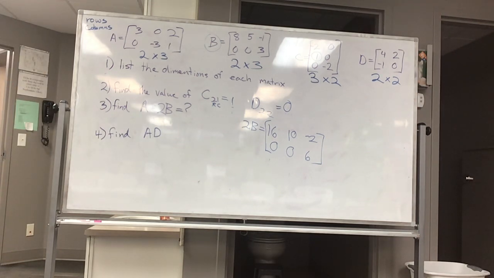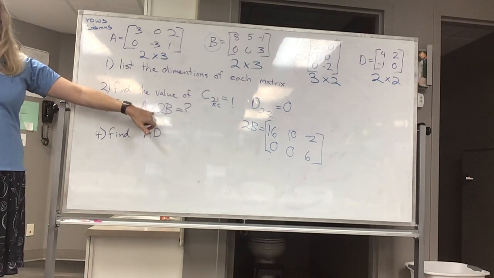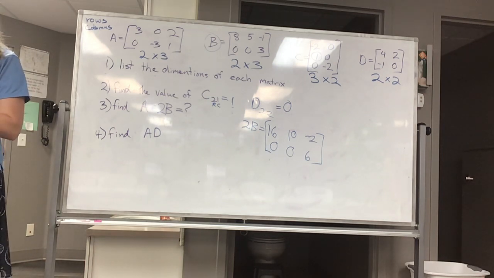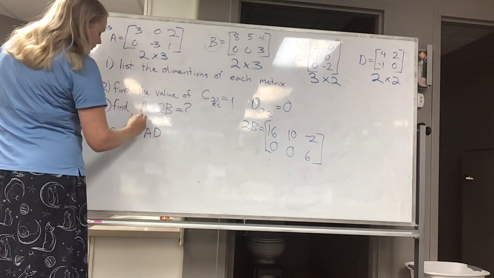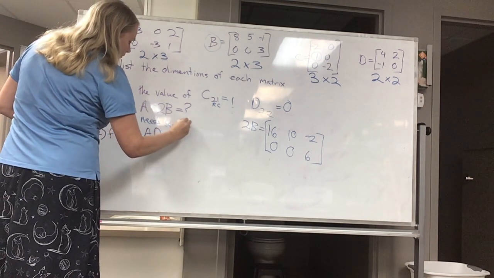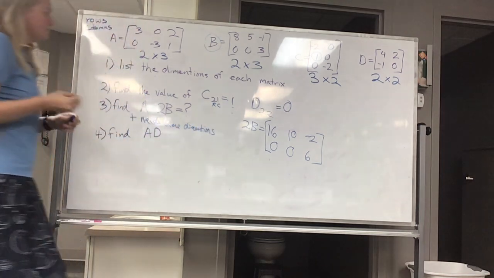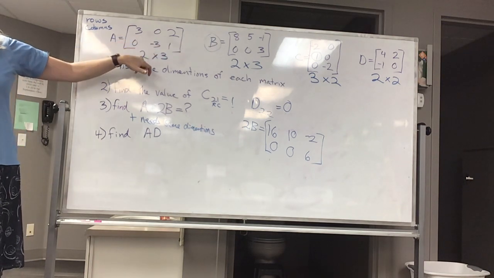The second one is, how do we add these? First and foremost, in order to be able to add them, they need to have the exact same dimensions. The good news is both A and B are 2 by 3.